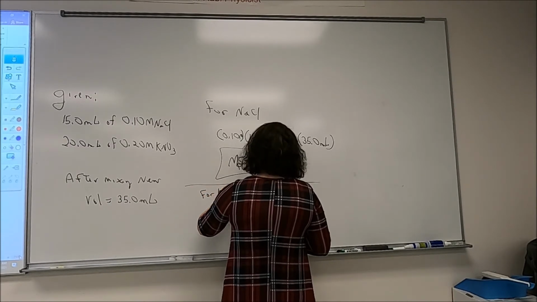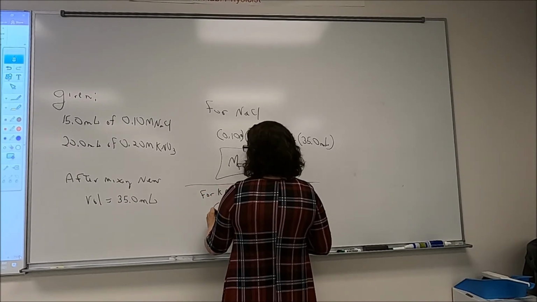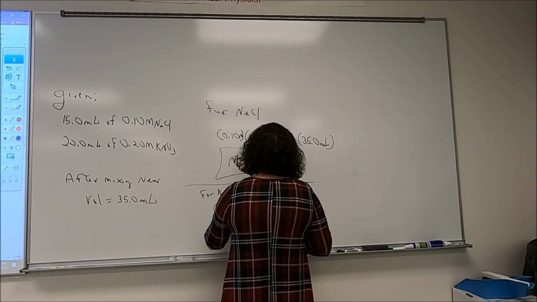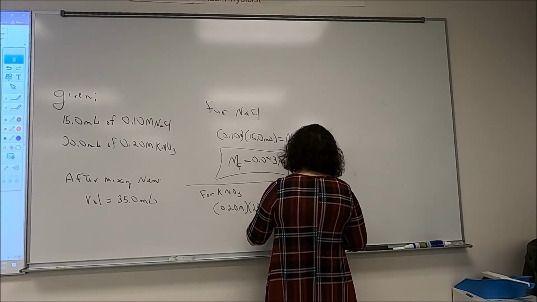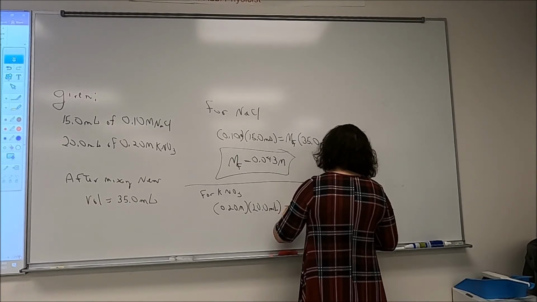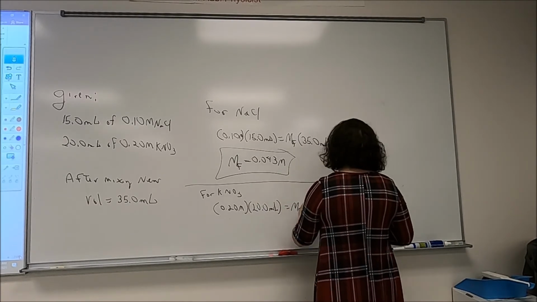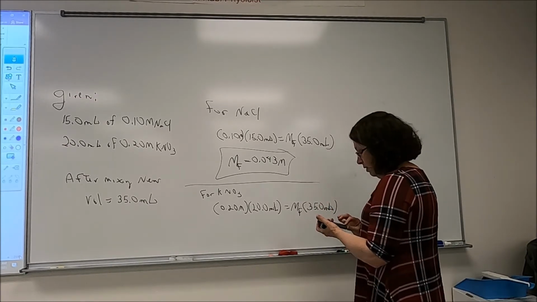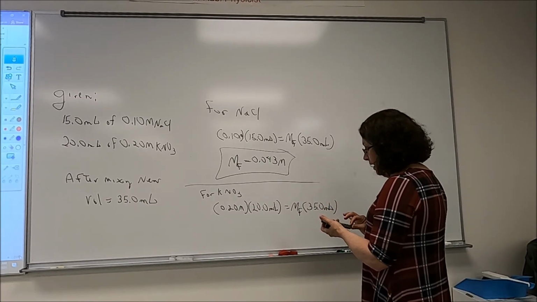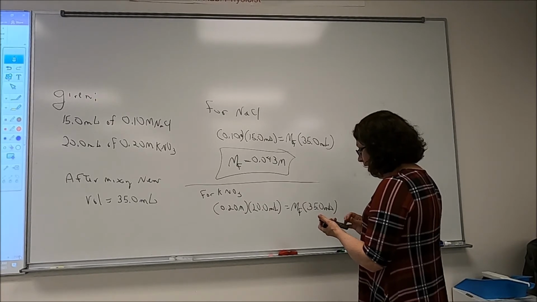For the potassium nitrate, it's going to be the initial molarity, 0.20 molar, times 20 milliliters, has to equal molarity final times the 35 milliliters. So 0.2 times 20 divided by 35.